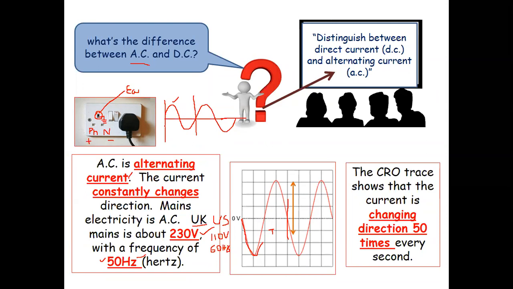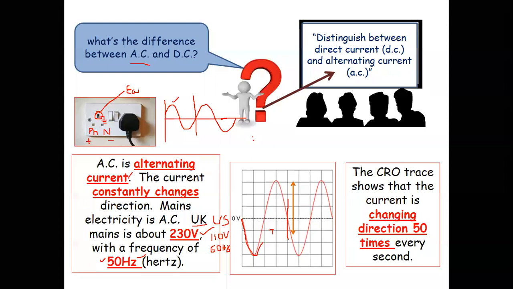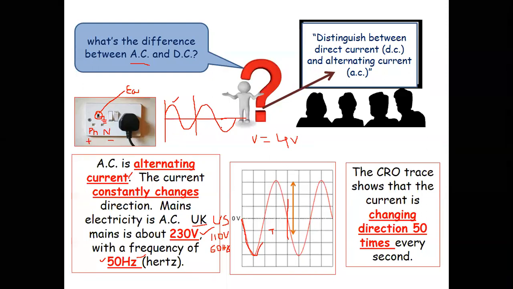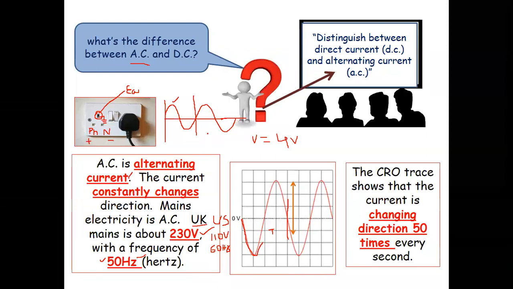So we cannot define an AC supply with a single value. I cannot say that the voltage across this plug is 4 volts. We have to represent the AC waveform with a sinusoidal signal. How we can handle the alternating waveform, we'll see in the coming slides.